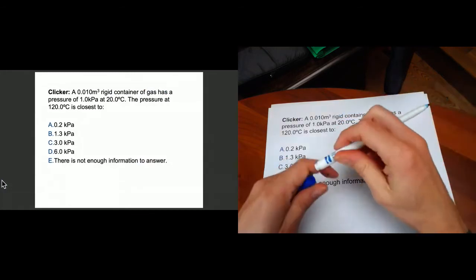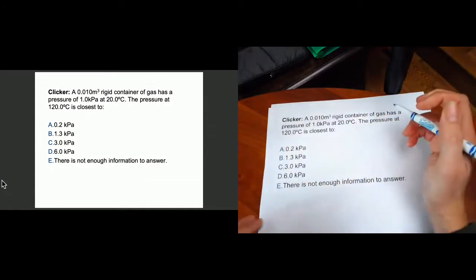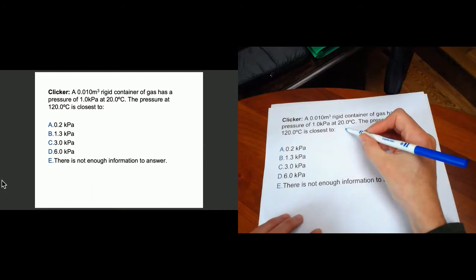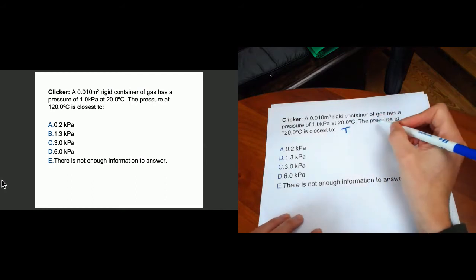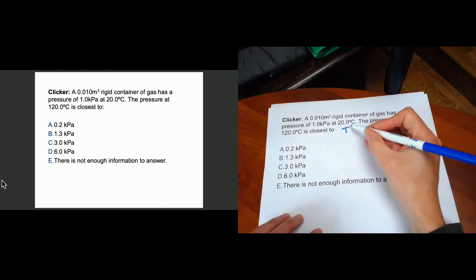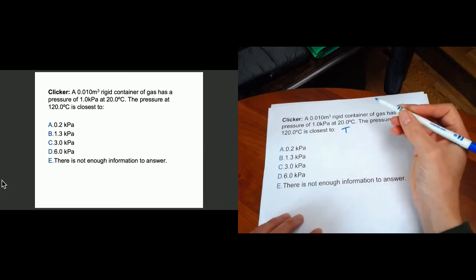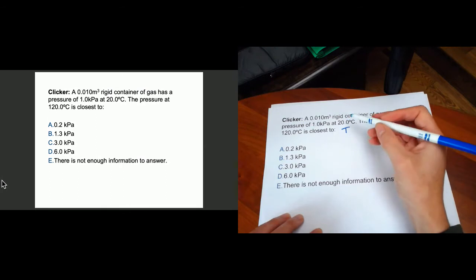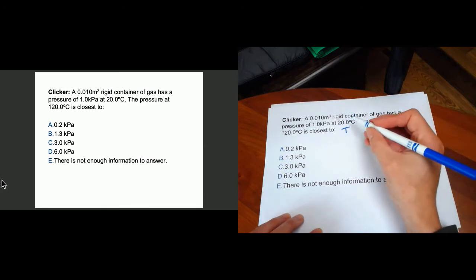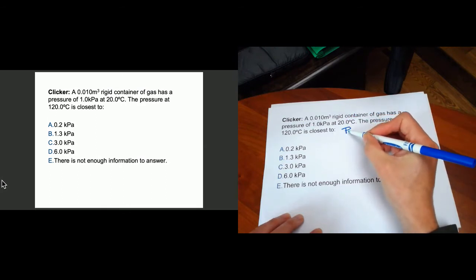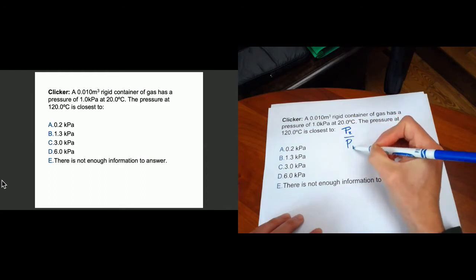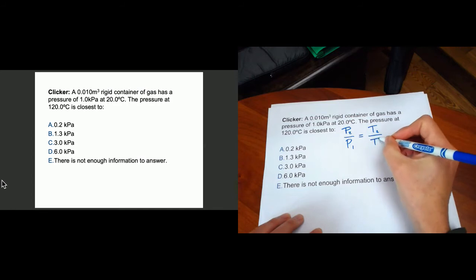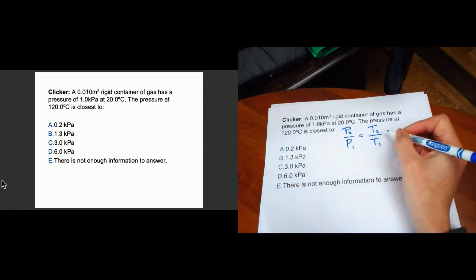So what I'm going to do is use the result that I just derived. We're looking to find the new pressure, and we're given that the temperature has increased from 20 degrees Celsius to 120 degrees Celsius. What I could use is that P2 over P1 is equal to T2 over T1, but here's the catch.